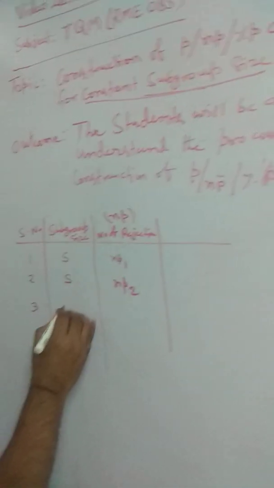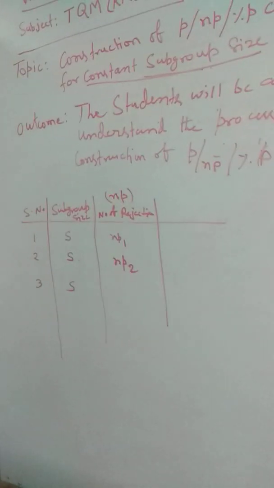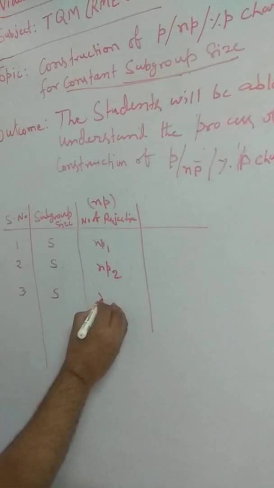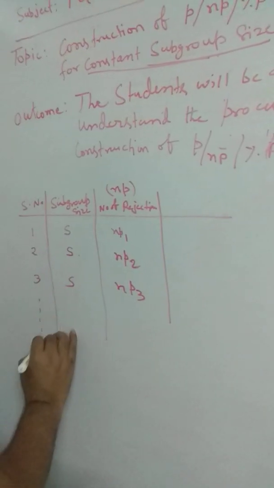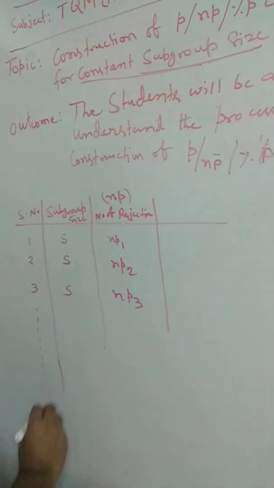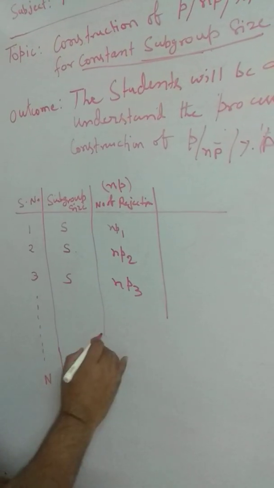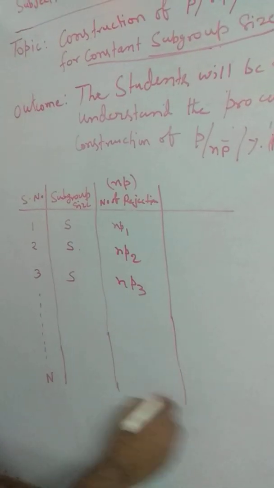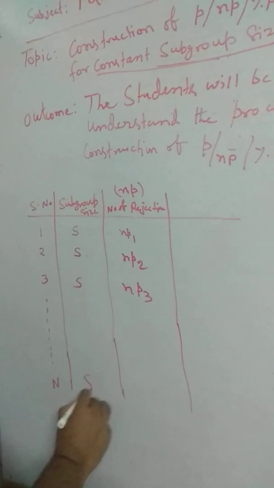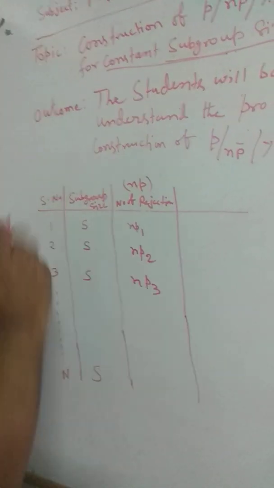For sample number 3, the same subgroup size S we have taken, and here the number of rejection is NP3. Similarly, we have taken N samples, and here also we have taken the subgroup size, that is N, number inspected.